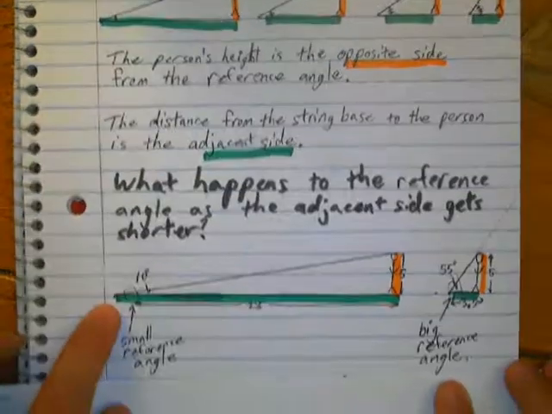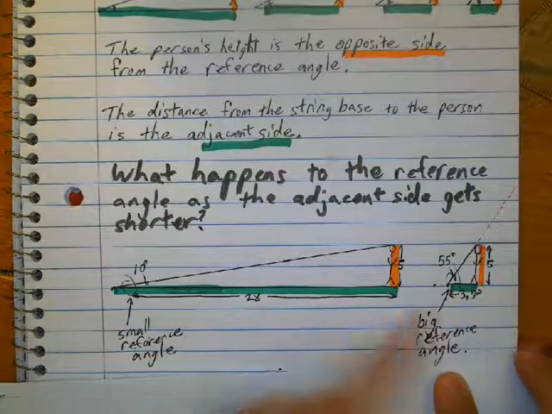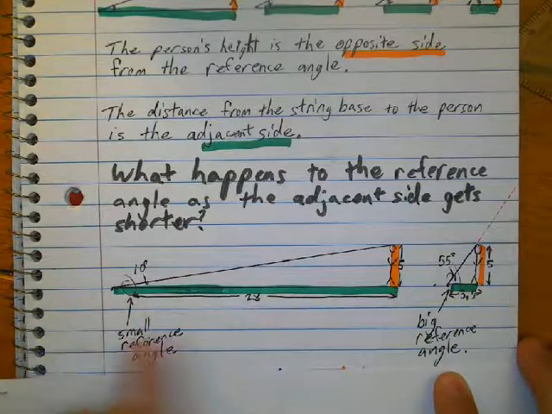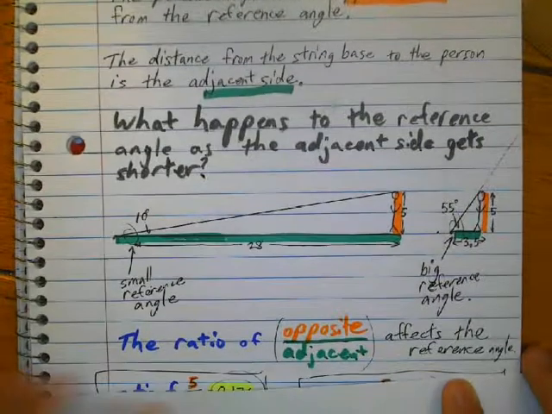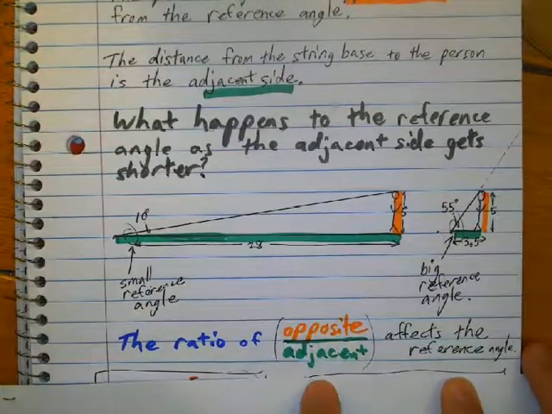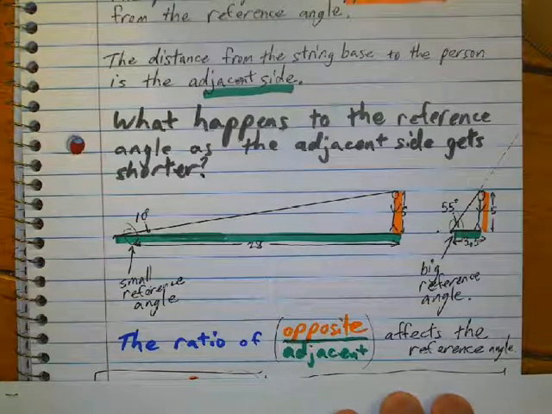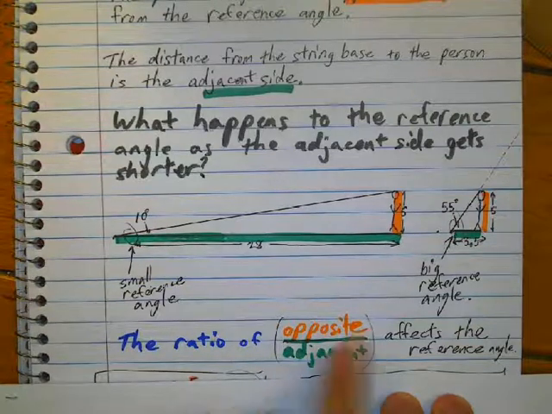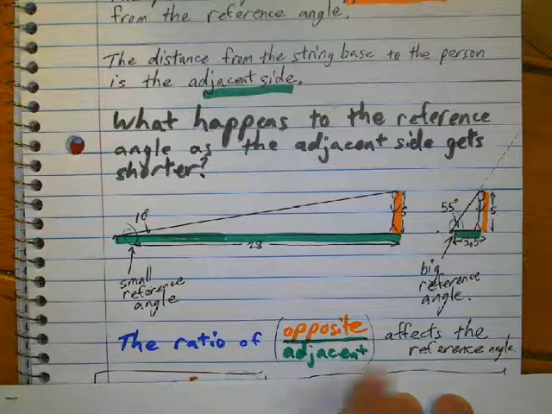So you would all agree that 10 degrees is smaller than 55. So when I set up a ratio, we're going to be using this ratio, the opposite side over the adjacent side. We're going to be using that ratio this whole month. Okay, so the opposite side over the adjacent side, how does that affect our reference angle?